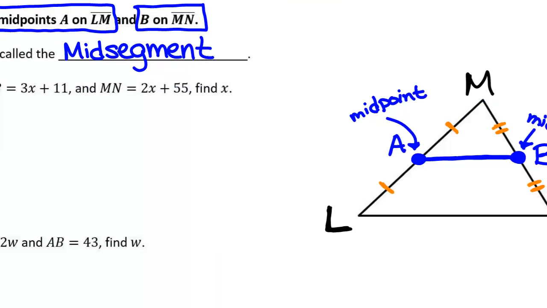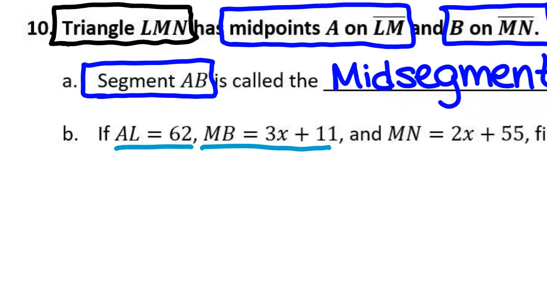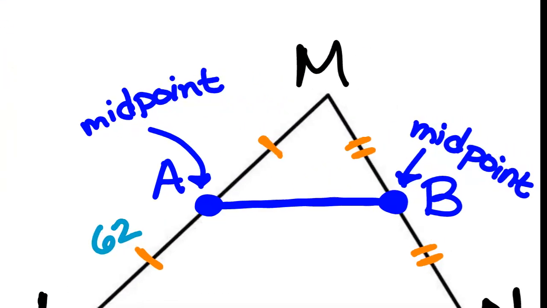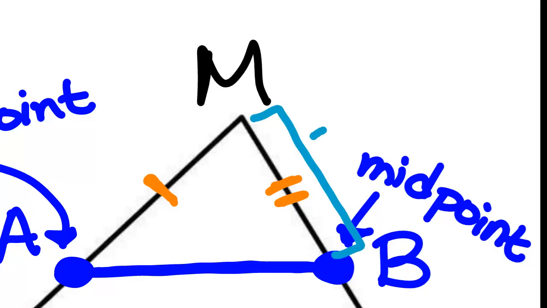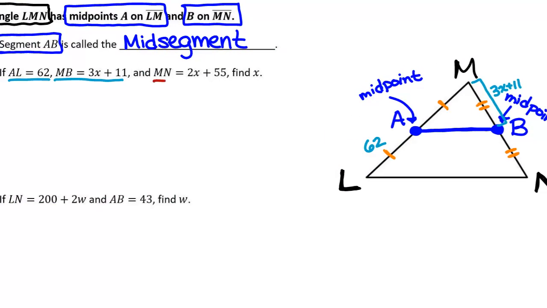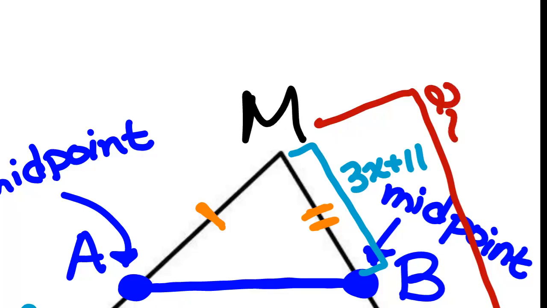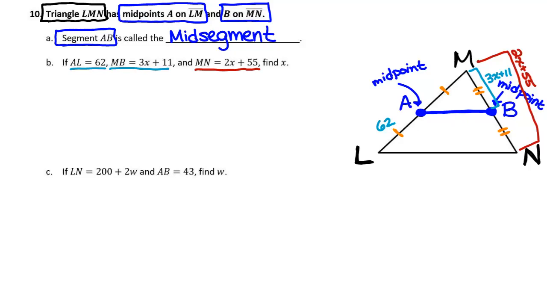AL is 62. So right here. MB is 3x plus 11. So from here to here, 3x plus 11. And then MN is 2x plus 55. So from M all the way to N, 2x plus 55. Well, I know that MB and BN are the same size, right?